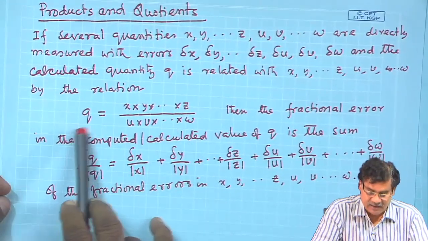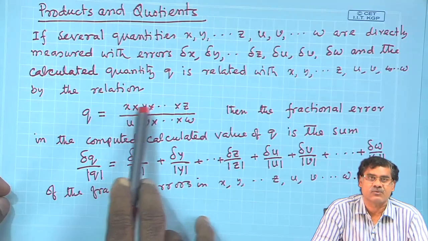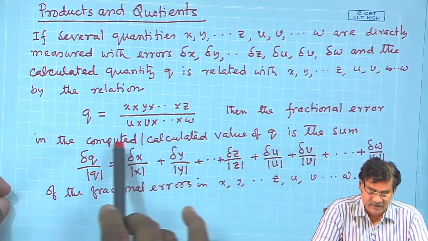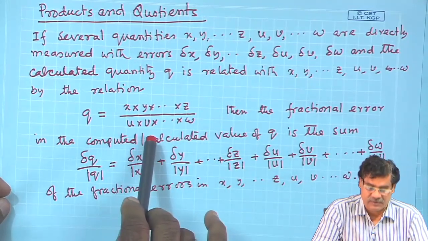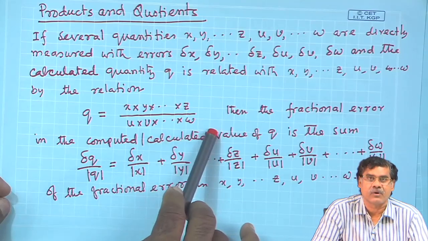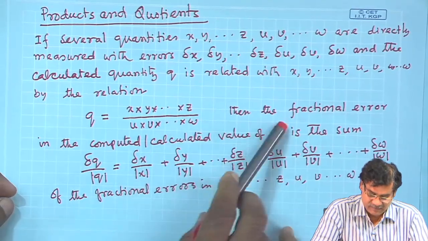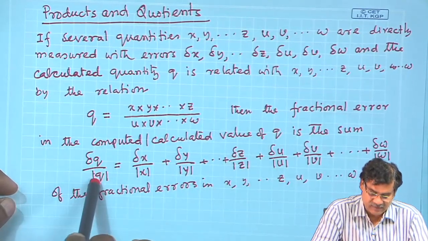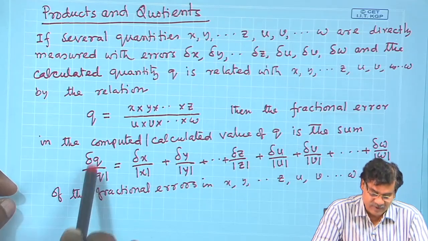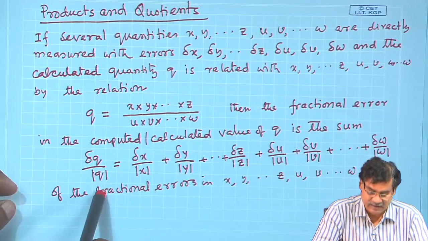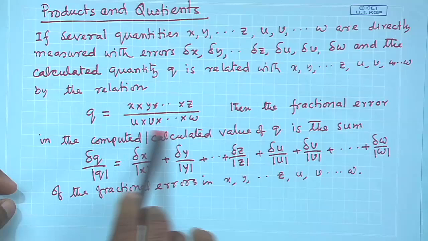so this q equal to x into y into z etcetera divided by u into v into w etcetera, then the error will be, del q by q, the relative error, equal to. So, these are measured quantities.